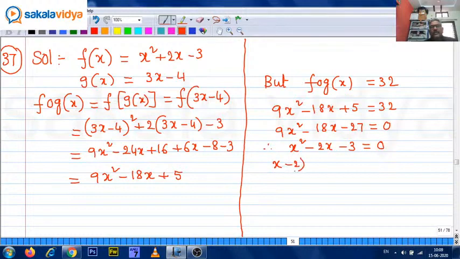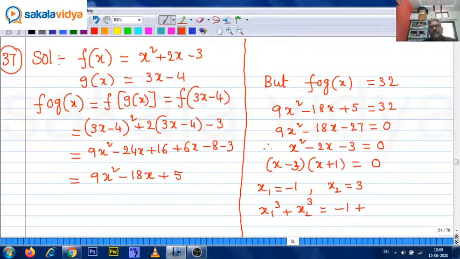This will be x minus 3 into x plus 1 equals 0. That means x1 equals minus 1, x2 equals 3. x1 cube plus x2 cube is minus 1 plus 27, so 26 is the answer. That means the second option is the right option. Am I correct now? The second option is the right option.